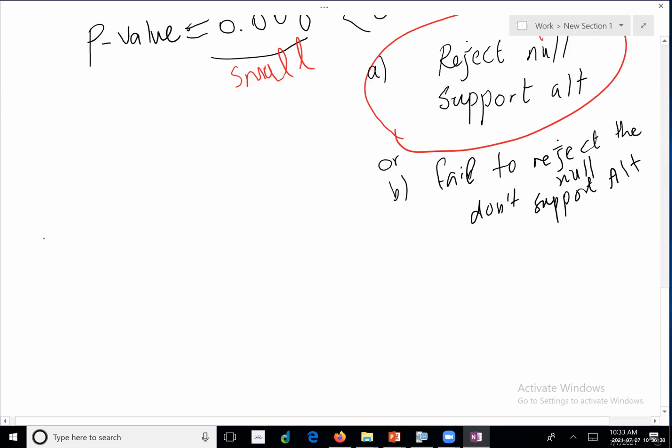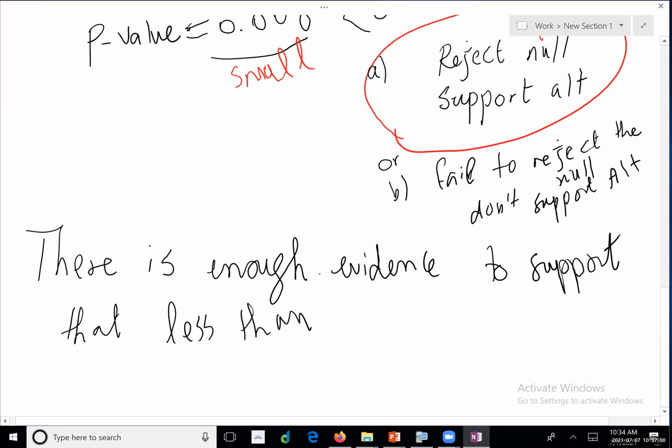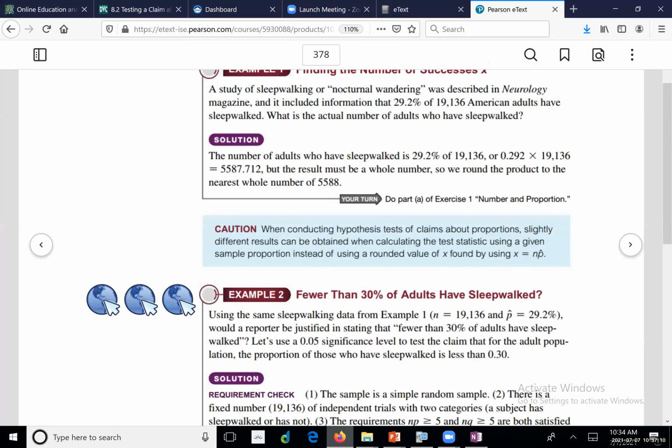So that means there is enough evidence, or sufficient evidence, to support that less than, and that's about population, less than 30% of, I don't know what the question was, was it about all adults or adult population.